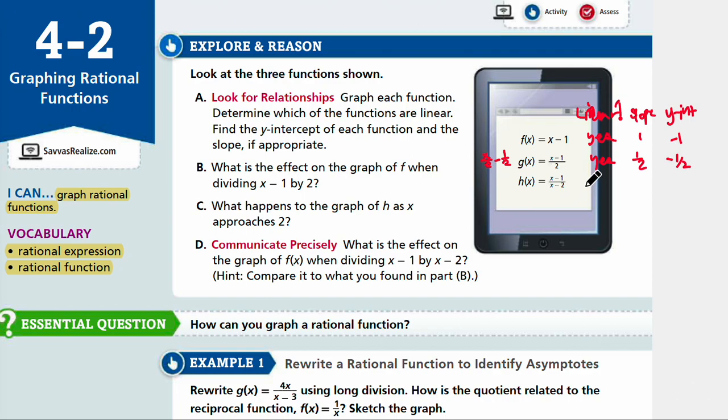If you can simplify and make it a linear function, then it could be a linear function. But if you cannot, then there's a high possibility it's a rational function. So for this one, you can plug in one by one, but this is definitely not linear. Because it's not linear, we cannot say what the slope is, so we can say NA.